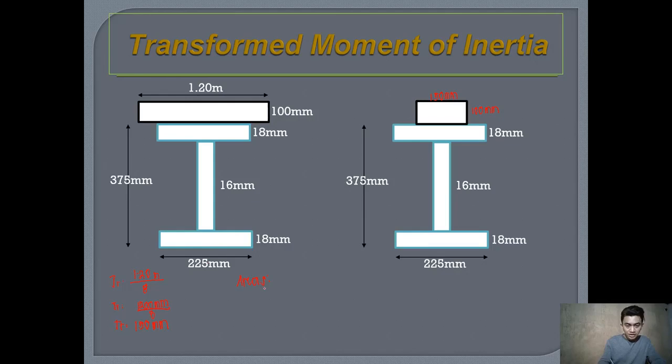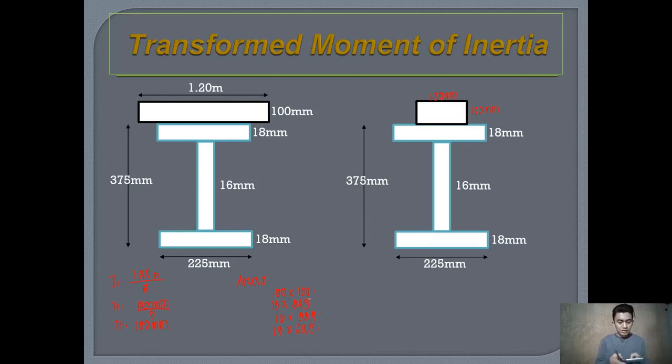I will have here 150 multiplied by 100, and then 18 by 225 mm, and then 16 multiplied by 375 minus 18 times 2, that is 339, and then another 18 multiplied by 225.